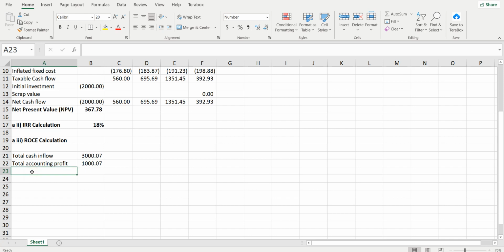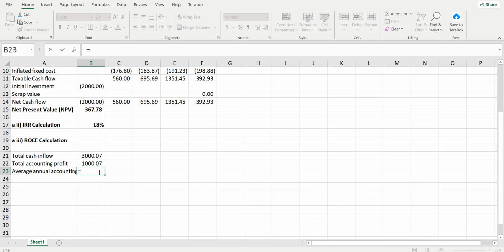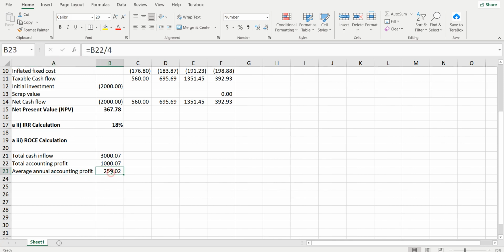So now we have to do annual profit. We can just copy it and edit it: average annual accounting profit, and we can do this divided by 4 years. So now we have average annual accounting profit. Okay, so now we have profit.